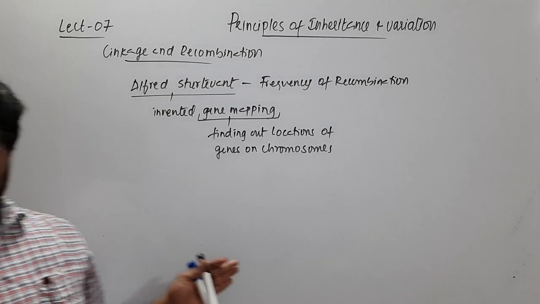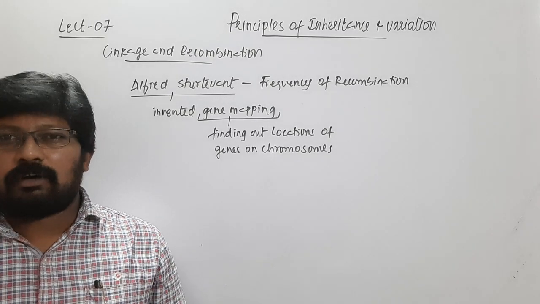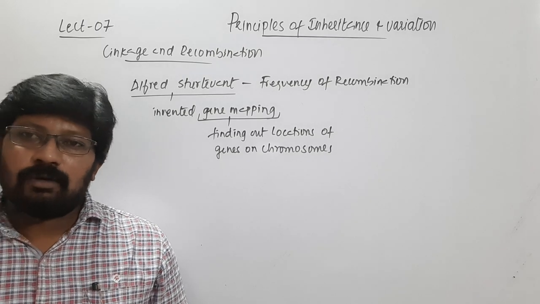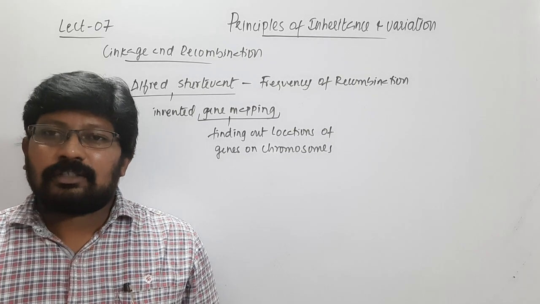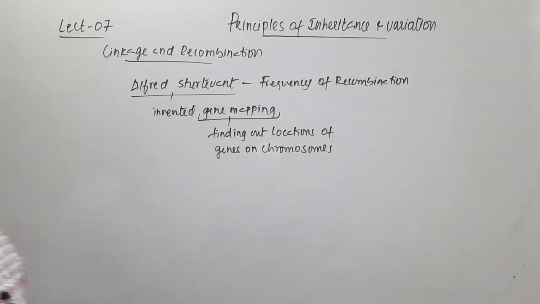Of course, that part we will see in the objective: what the formula of the frequency of recombination is, how we calculate the distance between two genes, and then map the genes on the chromosomes. So mapping means finding out the locations or positions of genes on chromosomes.